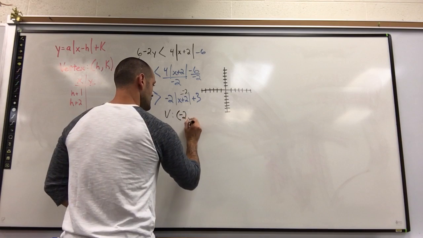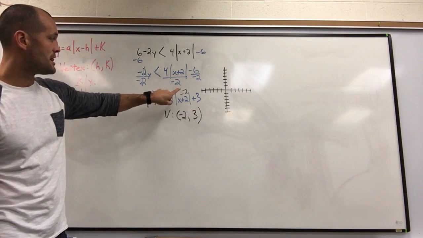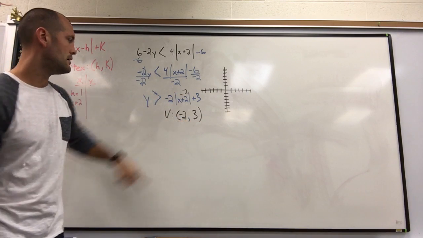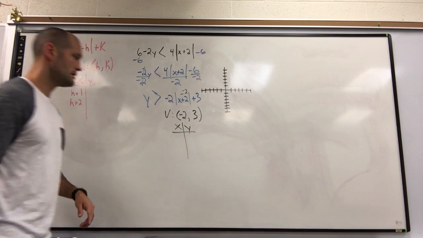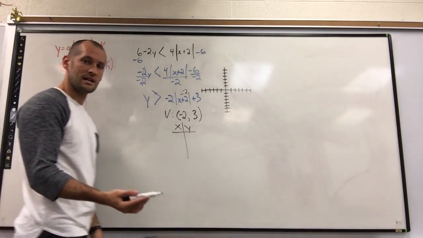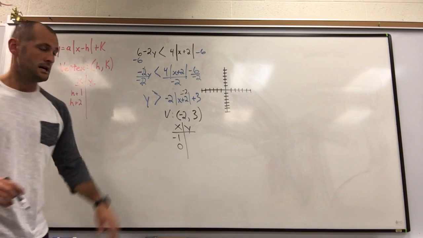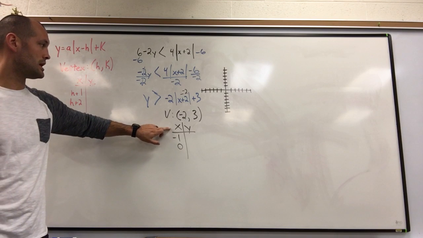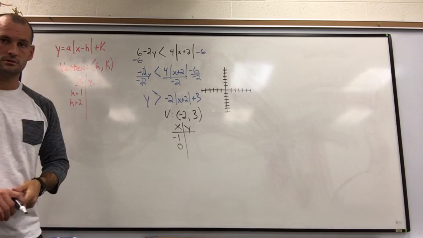Just so we're clear, this negative 2 is coming from that value, not that value. Don't get that twisted. Now, start your actual chart. I'm going to go up 1 from the x value and then up 2, so plus 1 gives us negative 1 and then 0. These values are underneath the x column, so all I do is plug them into my x value. We're going to do some mental math.